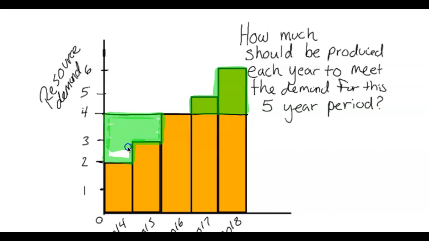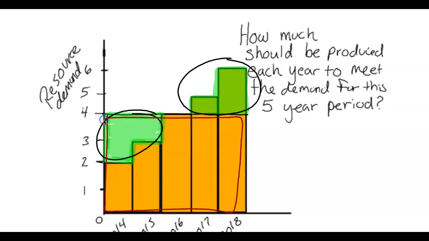They're identical. In other words, and this just makes sense, right? If we wanted to figure out how much we need to make each year to settle the entire situation, the amount that we overproduce on some years should make up for the amount that we underproduce in other years. And that way you end up with a solid rectangle.